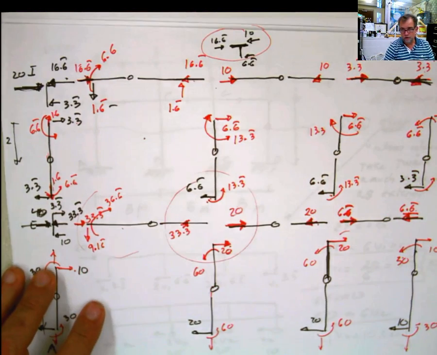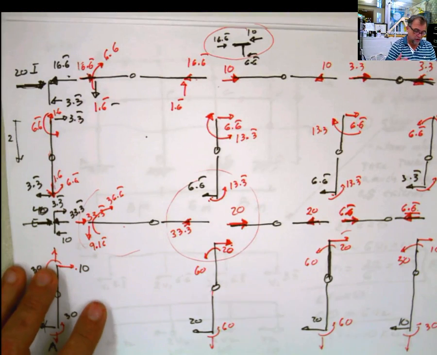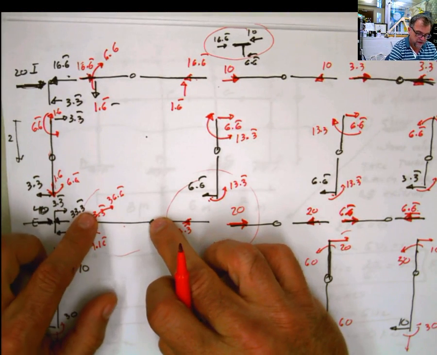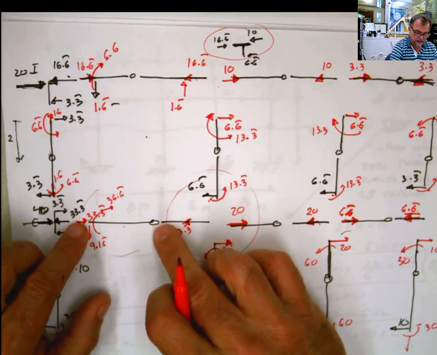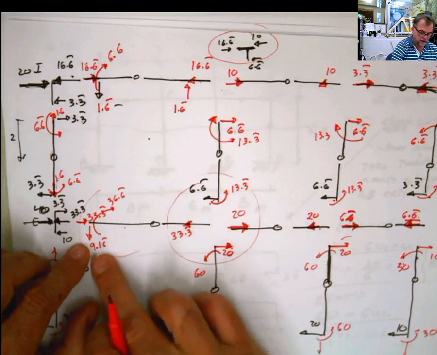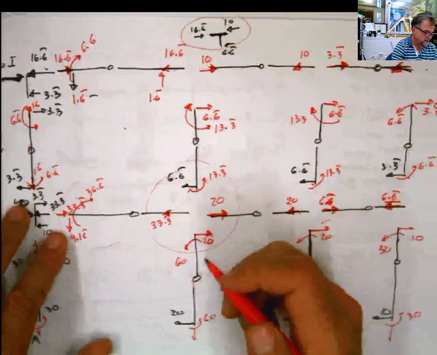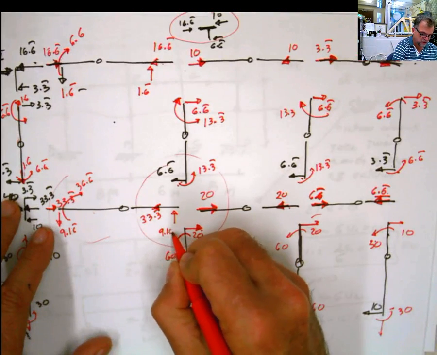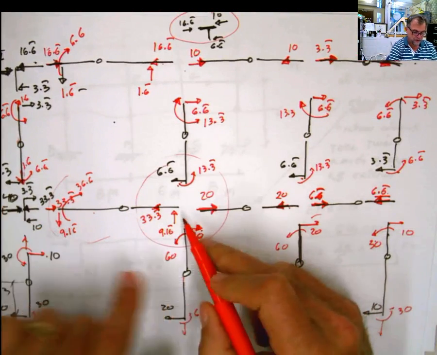And I don't know if you realize it again, but another pattern is emerging. Whatever moment I have here, I just divide it by half of the length, and it gives me that reaction over there. Now if that is 9.16, you continue to this end, and this is 9.16 also here, right there.